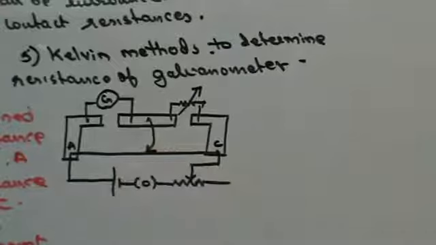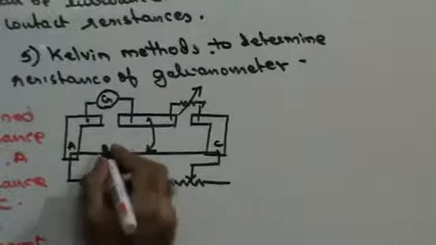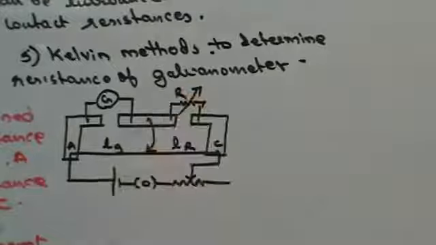We're going to connect the jockey directly to the wire. Fine. Let's assume that this length is say LG and this length is LR. This resistance is R. Right? Now, in order to find out the resistance of the galvanometer, this is the experimental setup required.